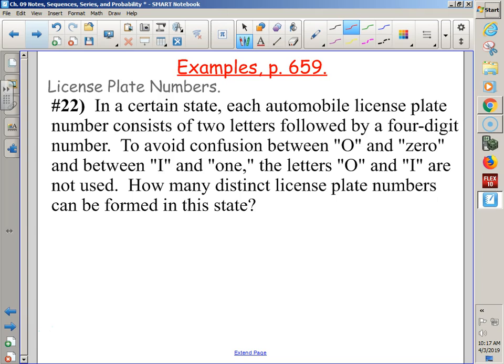Are we good? Okay, license plates. Kind of like pairs of letters, but now we're putting together letters and numbers, but we have some restrictions, at least as far as this example. How many characters are going to be in these license plates? 6, right? We have 6 different things to fill in, but of those 6, what do we have?